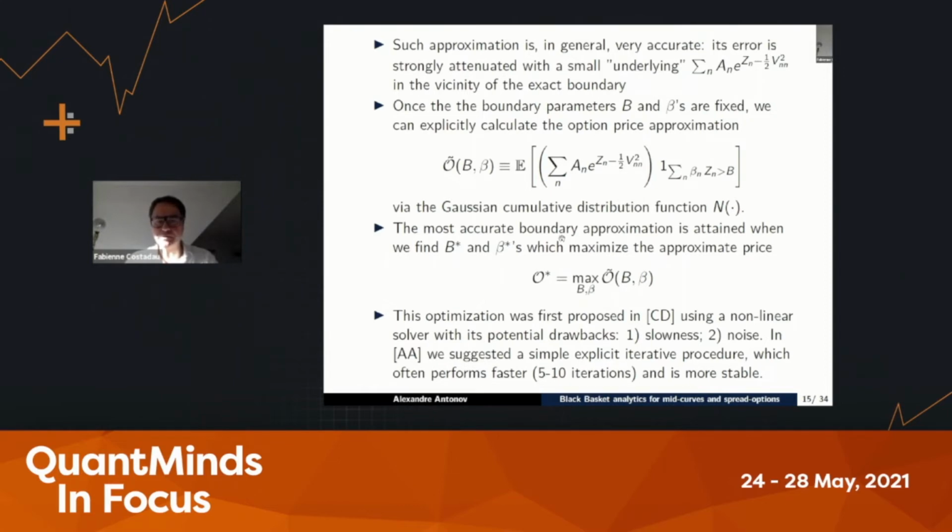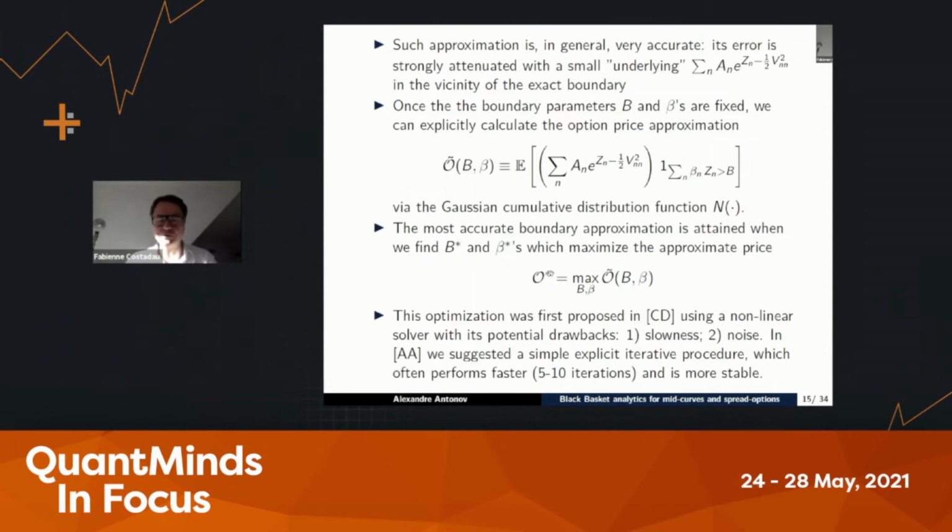The most accurate boundary approximation is attained when we find B star and beta star, which maximize the approximate price. So we can look for B and beta such that this Gaussian approximation actually gives us the maximum of the price.